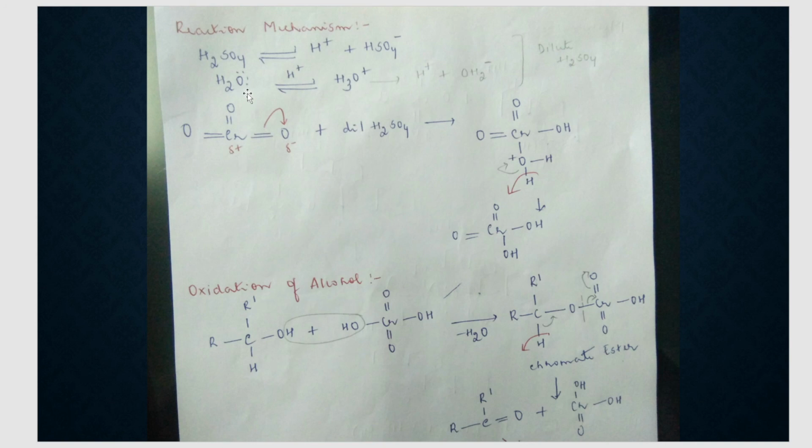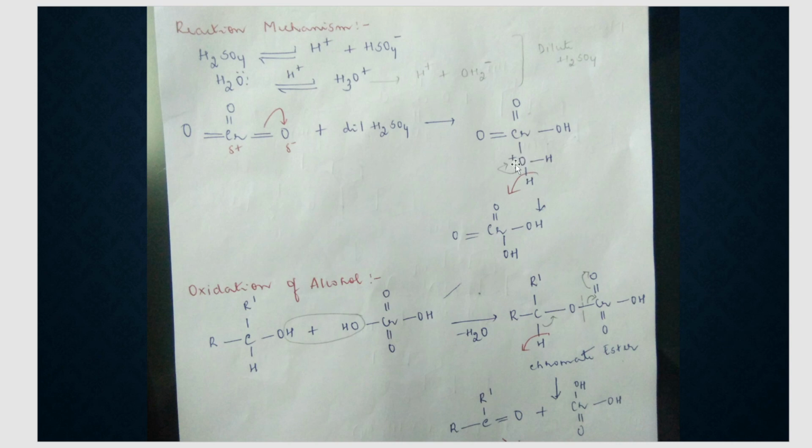Chromium is electron deficient. So this oxygen will form a bond with this chromium, but since it is giving both the electrons for this bond formation, it will get a plus charge.